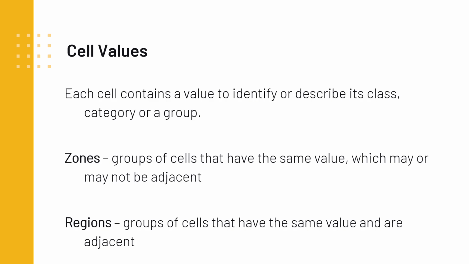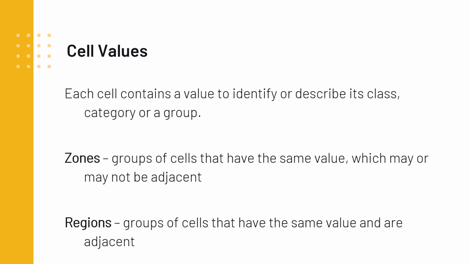So what is a zone? A zone is a group of cells that have the same value, but they don't necessarily have to be adjacent. So for instance, if you wanted to identify all of the balsam fir tree stands in a particular area, you would then identify which zone, which would be clumps of areas that may or may not be connected, that would identify the balsam fir.